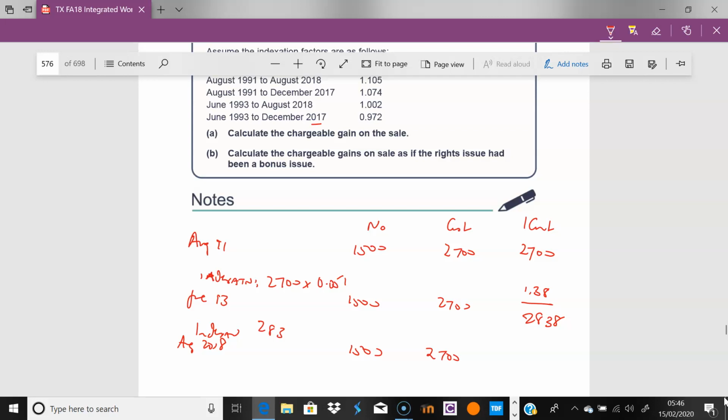Oh, wait a minute. Sorry. Let me just check what I've done here. I forgot to include the actual rights issue, of course. That's the whole point of doing this. I knew there was something. I was wondering why I would just index along. I had a rights issue of one for every two.